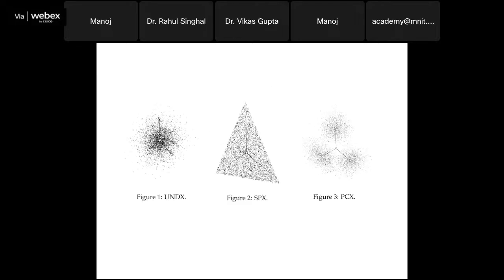Then people tried crossover which deals not only with two parents, but more than two parents. Some of them are UNDX, simplex (SPX) and PCX. PCX actually was a very good idea, because if you see the distribution of these offspring, these three are the parents in all three pictures.